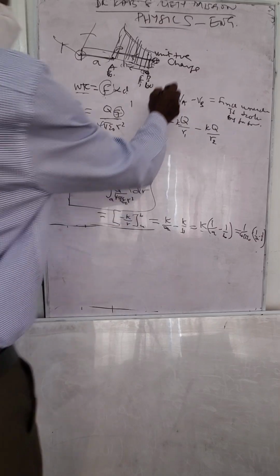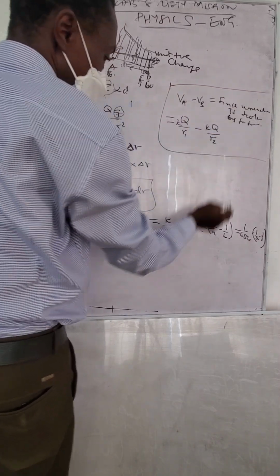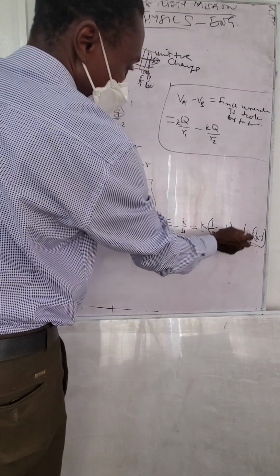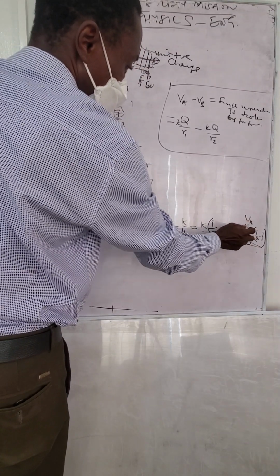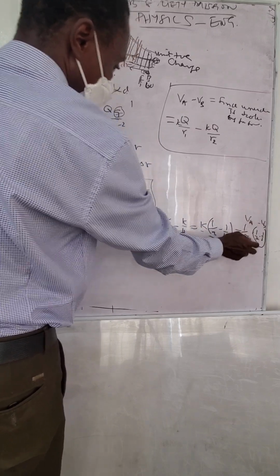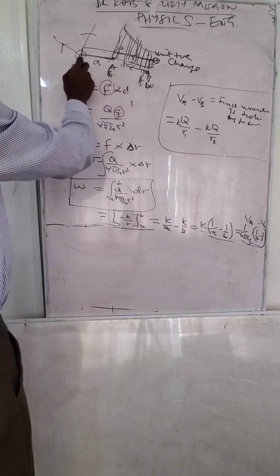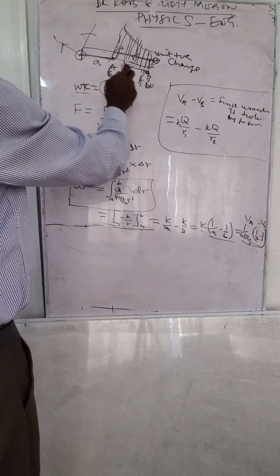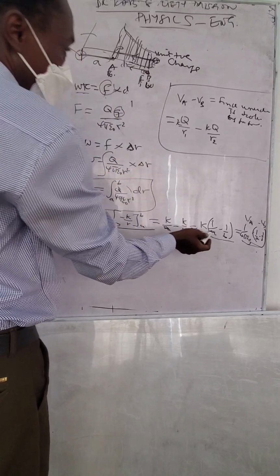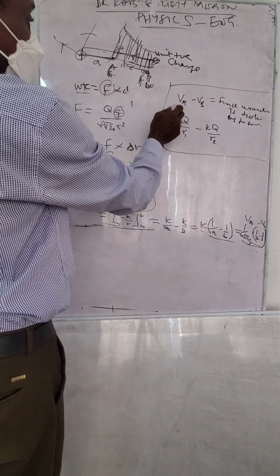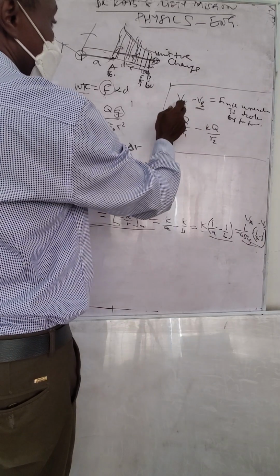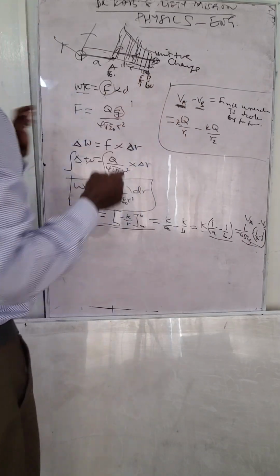So let's look at this scenario. If you look at this very well, you'll see that this comes up as the difference between the potential at A minus potential at B. So that is if you are moving from there towards the force. The potential here and the potential here, the difference is equal to the work done. So we could have straight away worked it as the potential at A minus potential at B. Why not potential at B minus potential at A? This is work done.